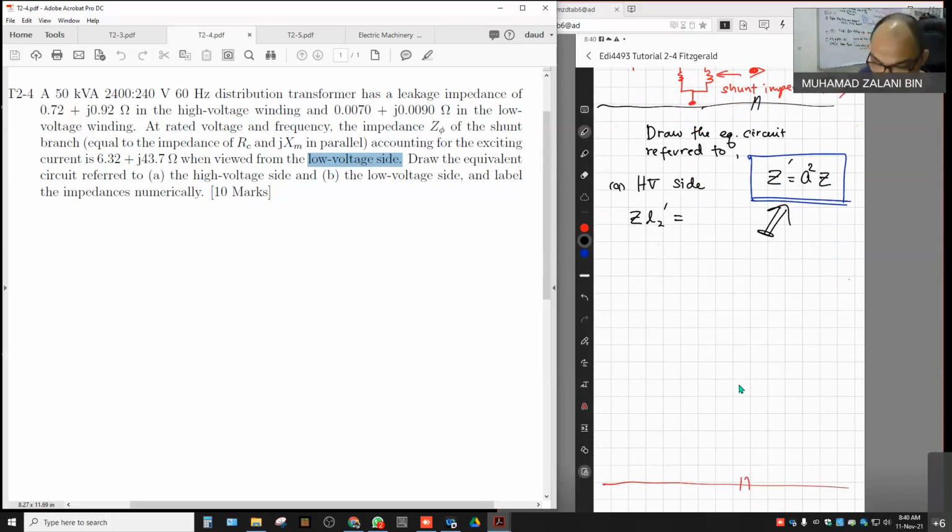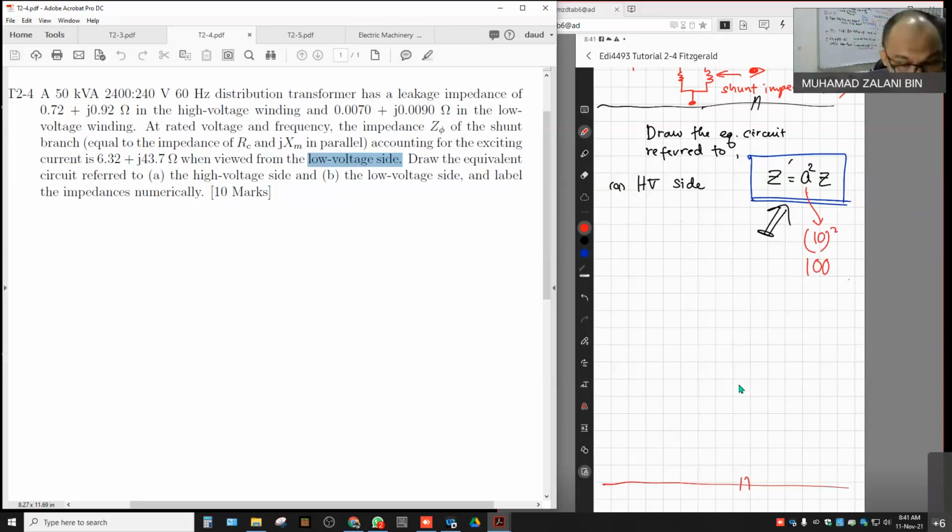Given that the turns ratio a here is 10, a squared is 100. We will calculate the impedances one by one.